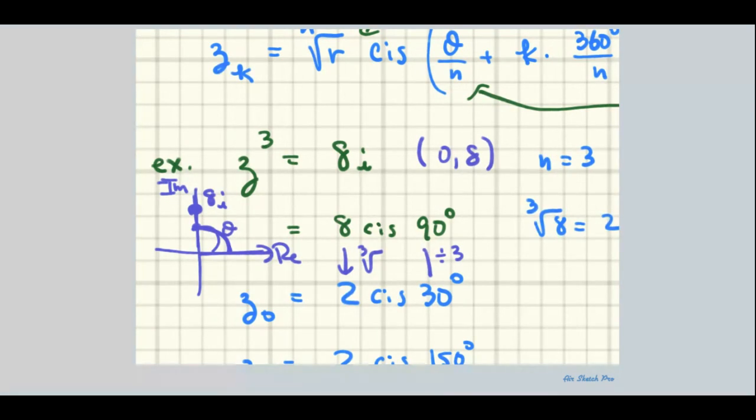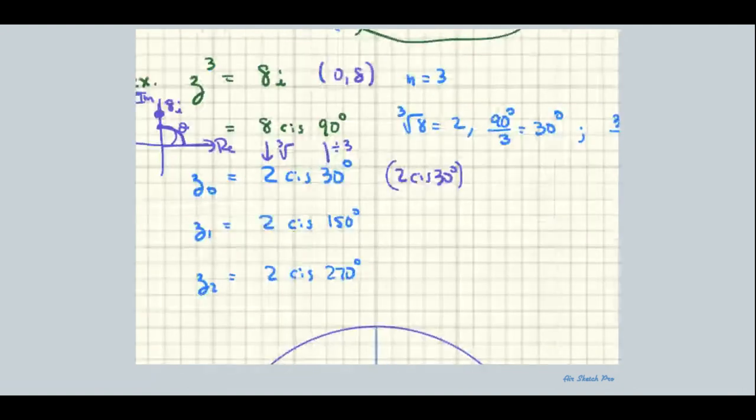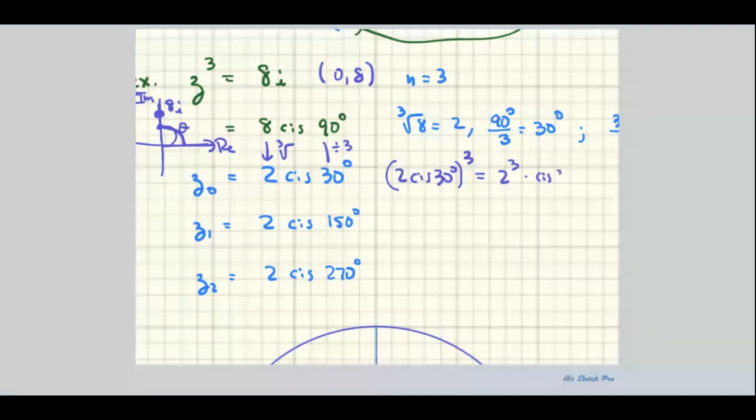Well, let's do it this way. 2 cis 30 cubed is going to be 2 cubed, yes, times cis 30 cubed. And now by de Moivre or Euler, the cube on the cis is just multiply.